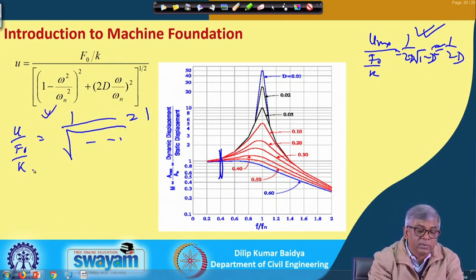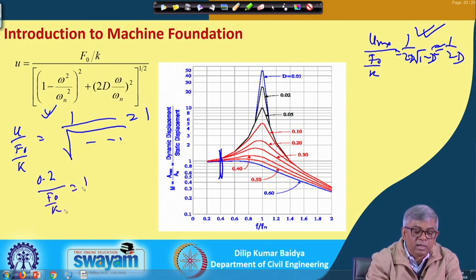Using these two observations, if I use this observation, u is actually 0.2 equal to f naught over k equal to 1, or f naught over k equals 0.2.